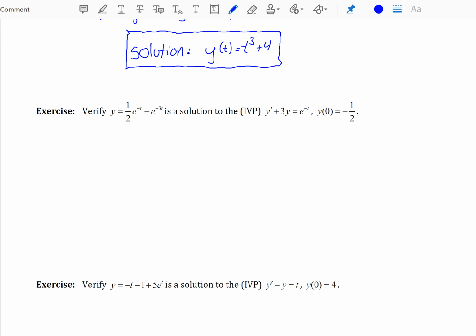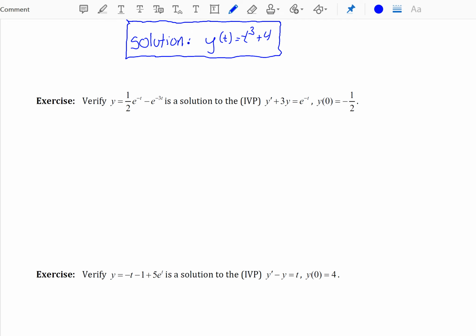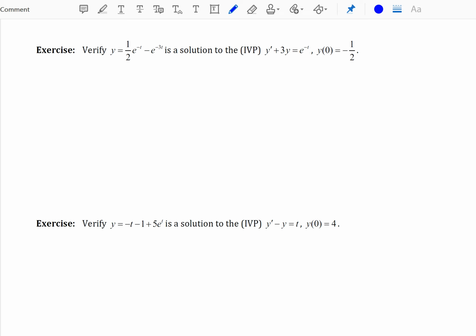Let's look at another couple examples. There are 2 more here that are very similar. I'll work the first one with you and then leave the second one for you to do. Here we would like to verify that y equals 1/2 e to the negative t minus e to the negative 3t is a solution to this initial value problem.